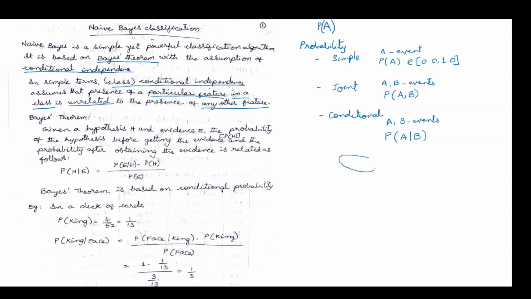Suppose that there were a feature fever which influences the outcome COVID. Now COVID is your class, which takes on two labels, presence or absence of COVID.